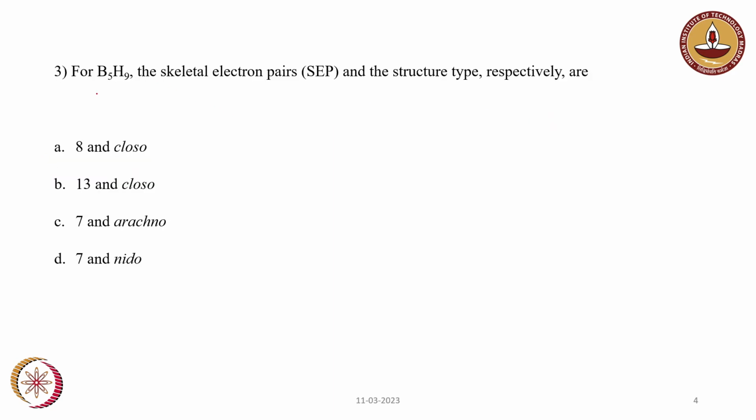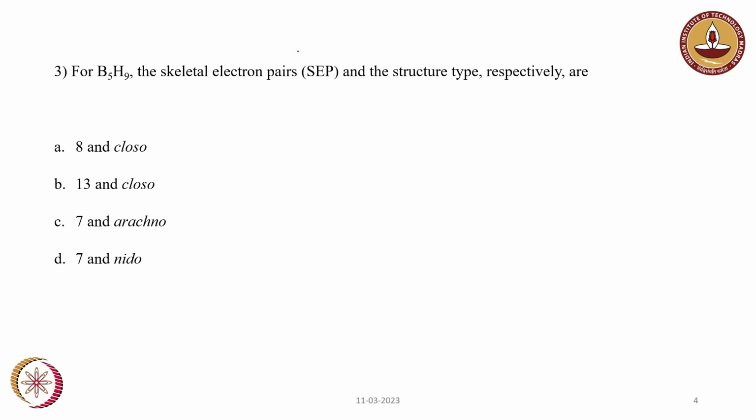Next question is for B5H9. The skeletal electron pairs, SEP, and the structure type respectively are: option A is 8 and closo, B is 13 and closo, C is 7 and arachno, and D is 7 and nido. For predicting boron hydride structures, we use Wade's rule.